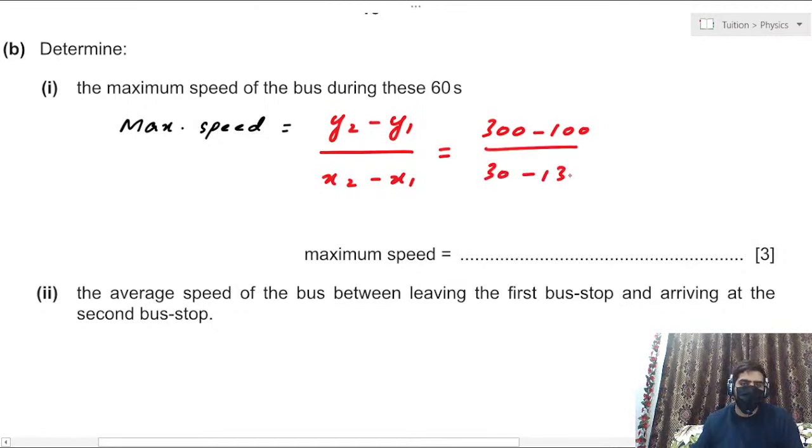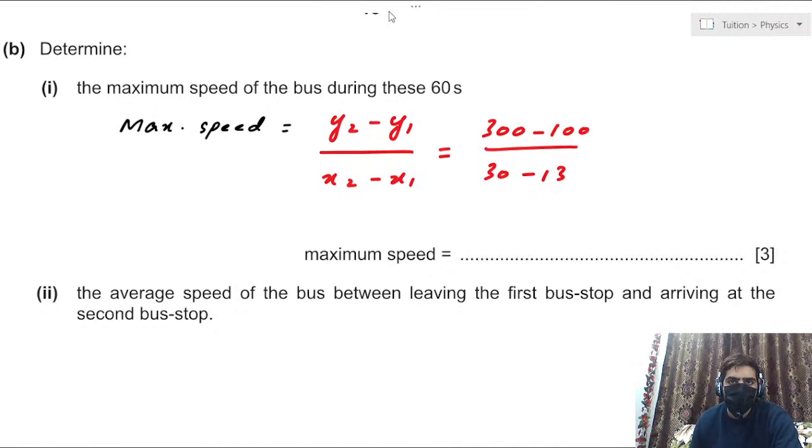Then you hit it on the calculator. So it would be 200 divided by 17.